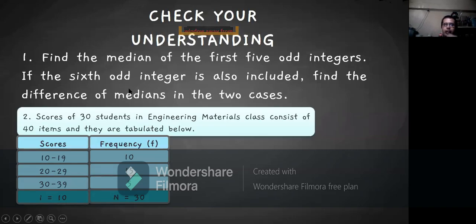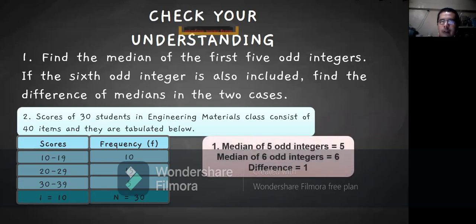Are you done? Let's check. For number 1, the median of 5 odd integers is 5. The 5 odd integers are 1, 3, 5, 7, and 9, so the median is 5.